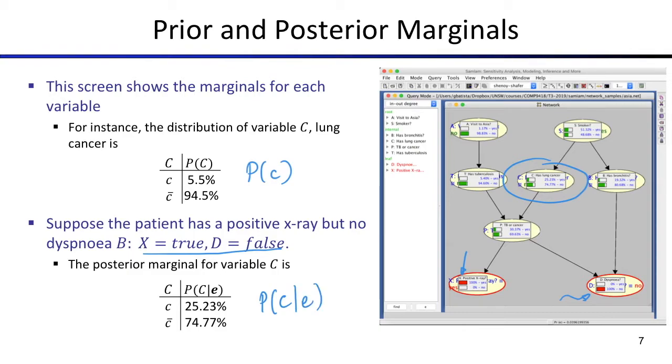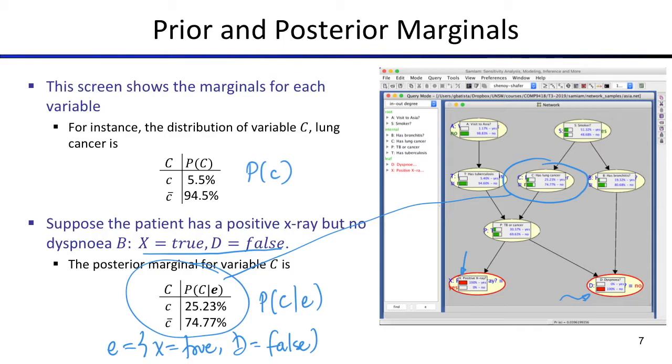And the evidence here is X equal true and D equal false. All right, and we see that it changed, and now it is 25% for the true value. So it goes from 5.5 to 25%.